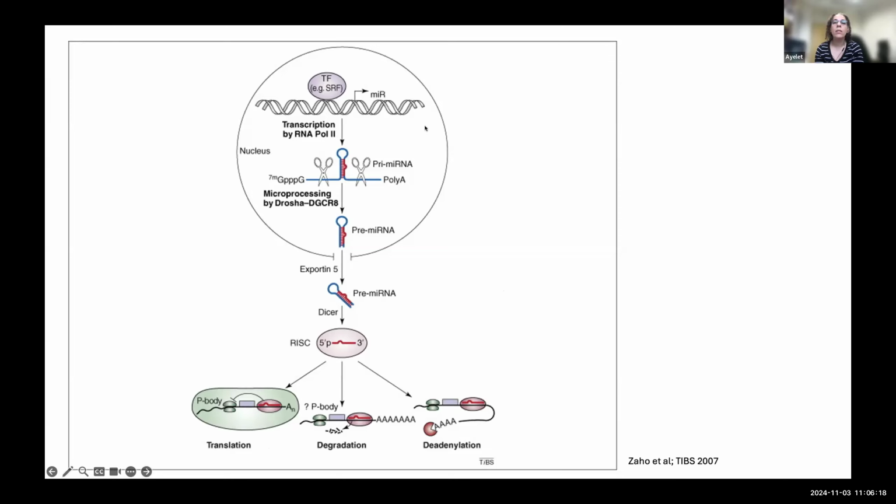This is the main, what we think today, how microRNA are processed. However, it's getting to be really, really big, because they can be transcribed in specific cells. So some of them target specific mRNA in specific cells.